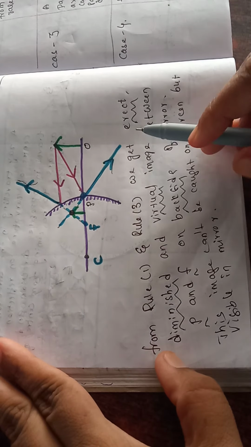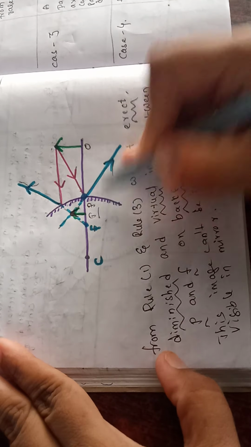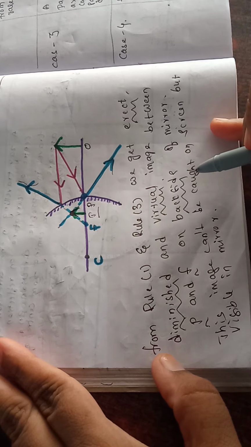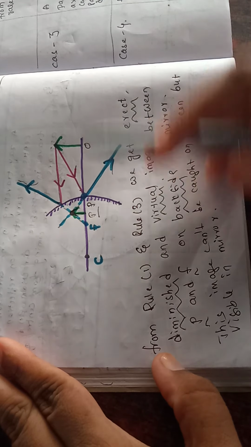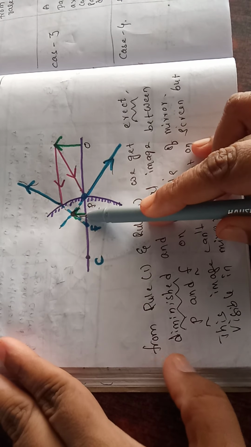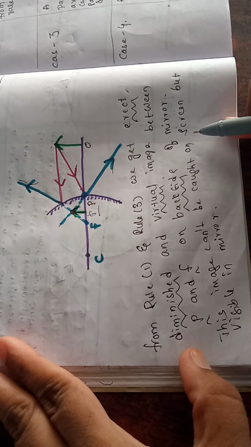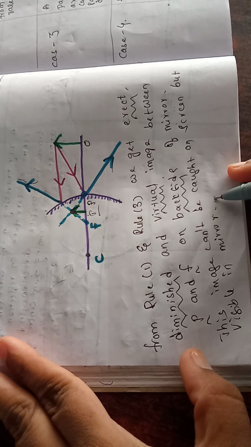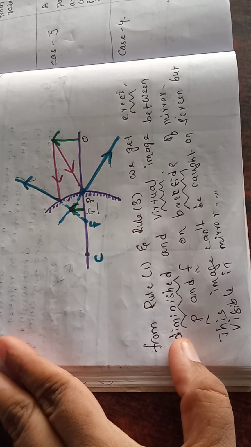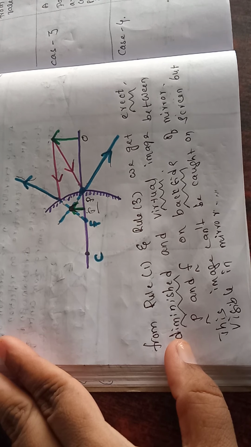Means here we will get an erect image, diminished and virtual image. Means it is formed back side of the mirror. This is the mirror and the image is formed back side of the mirror, and this image cannot be caught on the screen but is visible in the mirror. So this is about the ray diagrams related to convex and concave mirrors in case of reflection.